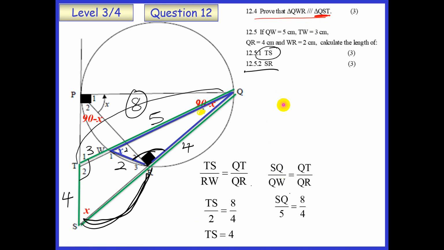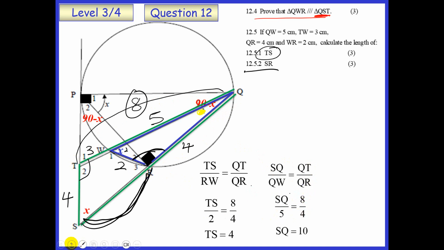So we're trying to find SQ, and the reason we're trying to find SQ is because if we can find SQ, then SR, we will take away the 4. And we know QW in the diagram is 5, given. We know that QT from the diagram is 8, and from the diagram QR was given to be 4.